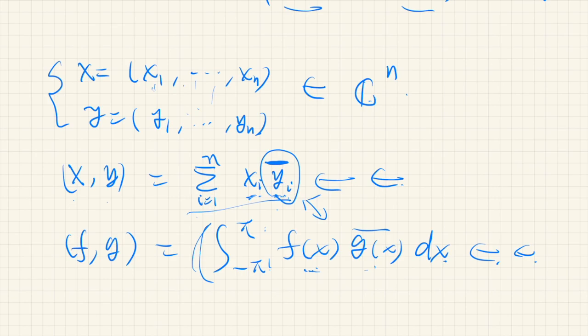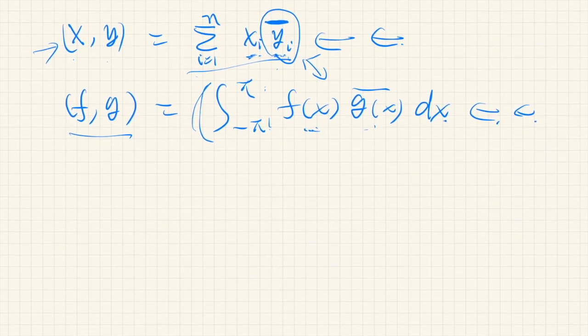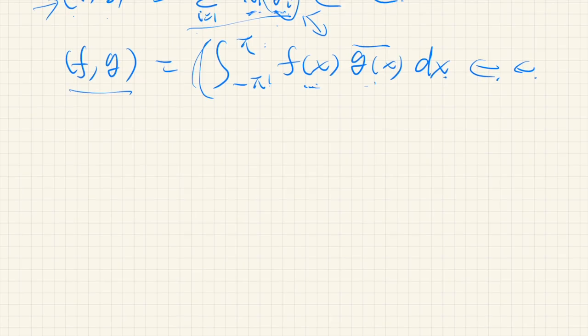So we can see that this inner product is a generalization of the scalar product between two vectors.